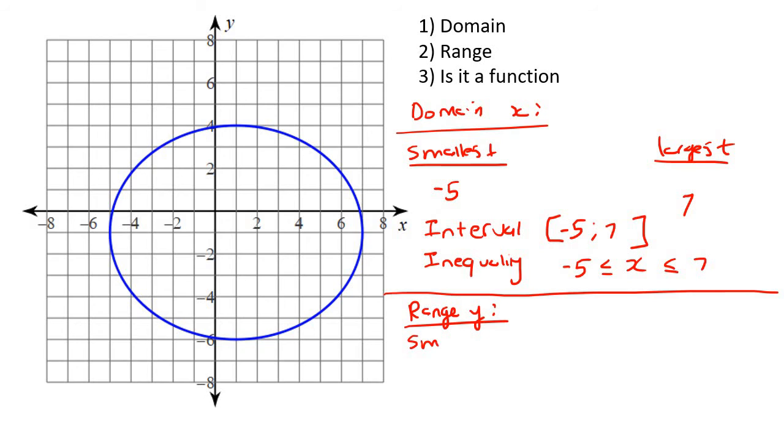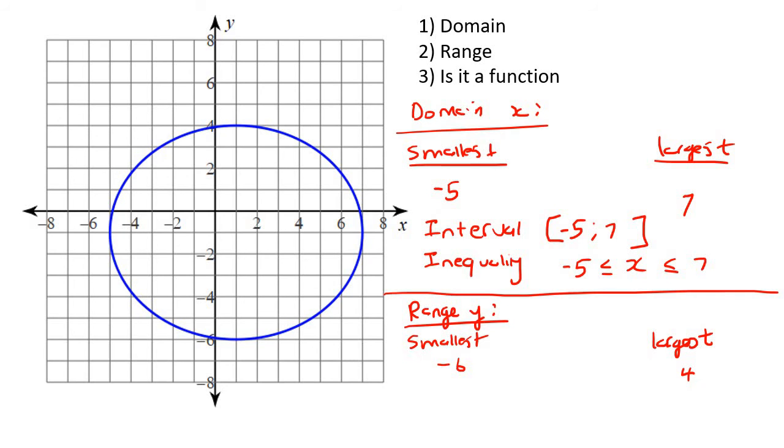Okay, now I'm going to do the range, which is all about the y values. So the smallest y value, remember, so now you're looking upwards and downwards. So the lowest y value is here at -6. The largest y value would be up here at 4. Okay.